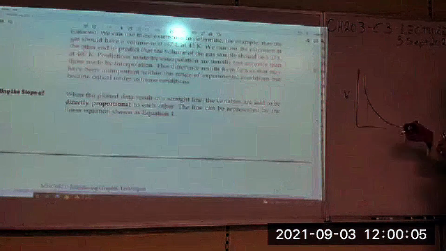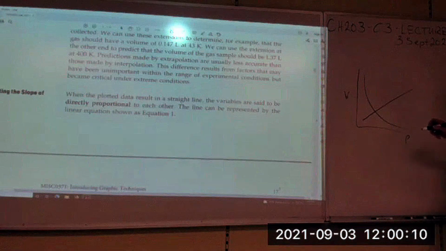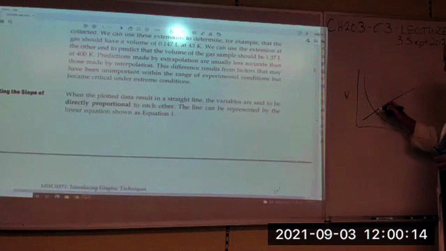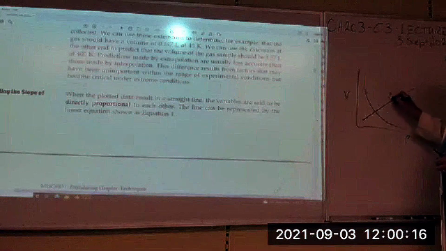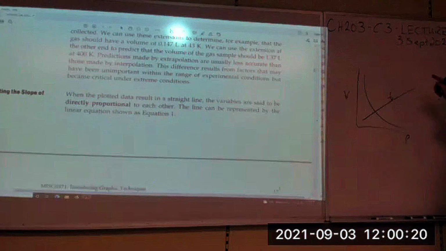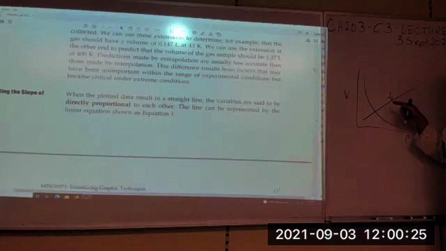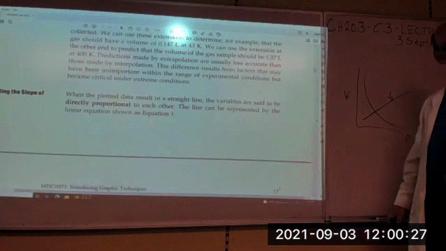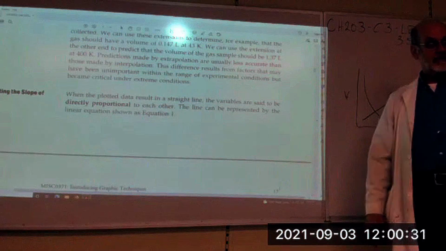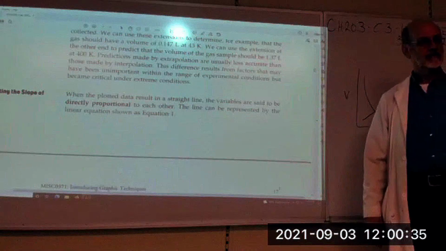So what's instructive about those is with this one, that's V, and this 1 over V, the relationship, whether it's direct or inverse, is quantified in the slope of the line.